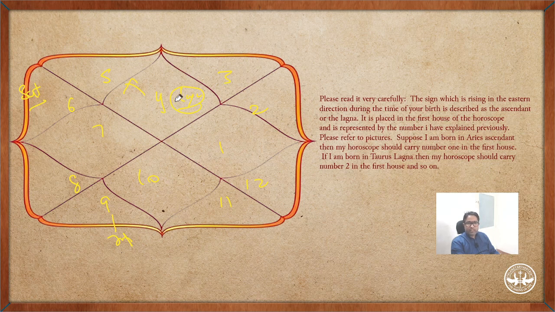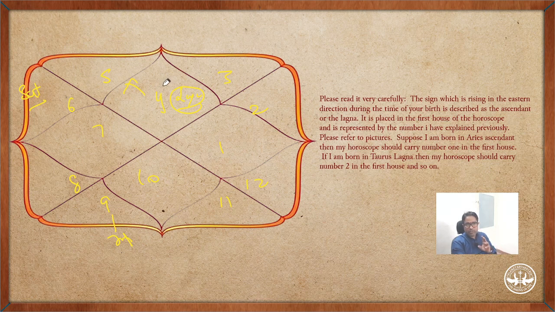The sign which is rising in the eastern direction during the time of your birth becomes the ascendant or the lagna. It is placed in the first house of the horoscope. Now, house is a different concept, and you have to learn it mentally. This is house number 1, this is house number 2, this is house number 3.